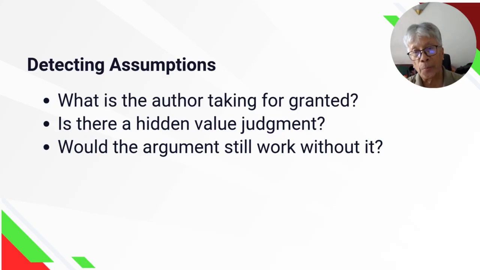Now, detecting assumption, you have to ask: what is the author taking for granted? Is there a hidden value judgment? Would the argument still work without it? So you have to ask at least these three questions, and then you will detect the assumption, and then you can draw a conclusion.